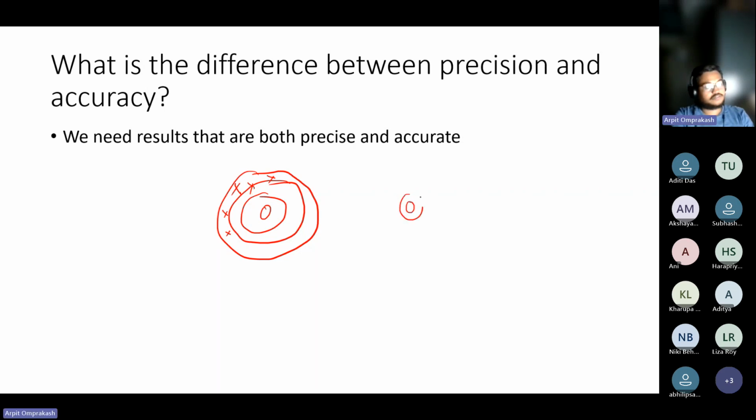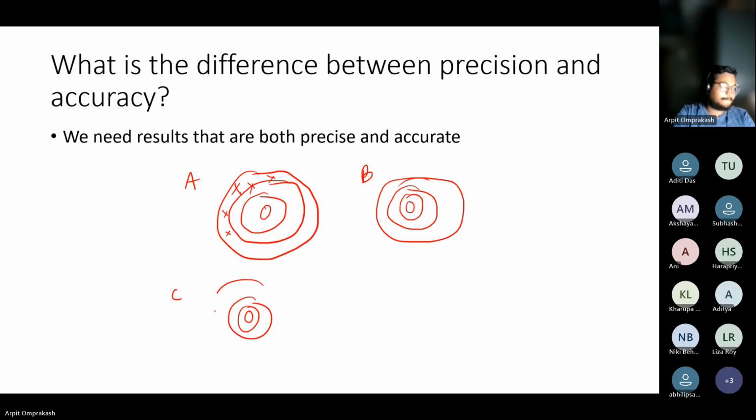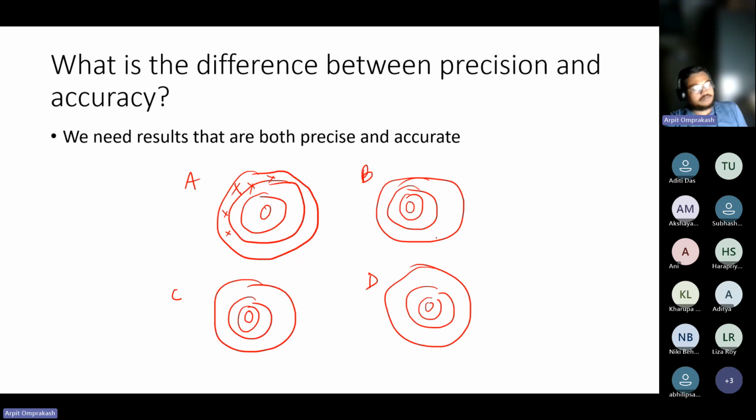Then we have, so this is for A, this will be B, we'll have C, and we'll have D. So let's say B is a good shooter. He shoots 5 of the bullets here. Let's say C shoots everything here, and D shoots everything all across.